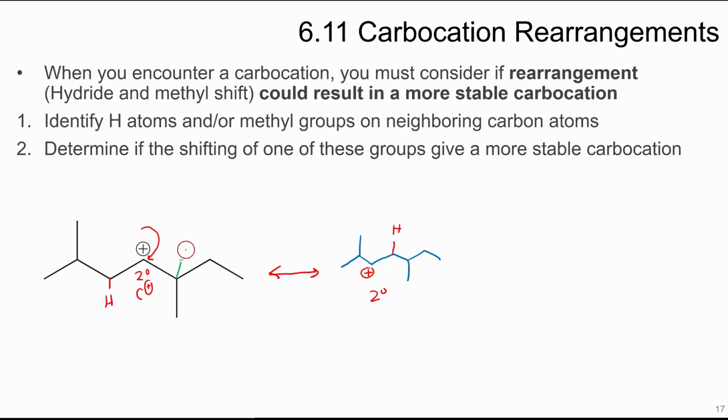If I have a hydrogen here, which I do, and if I move that to that same carbon, the hydrogen moves here, my carbocation is here. This is a tertiary carbocation, which is more stable. So if it doesn't make sense to form a carbocation, then it won't happen. But if it makes it more stable, then it will happen.